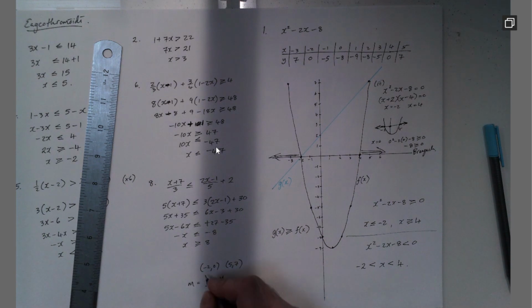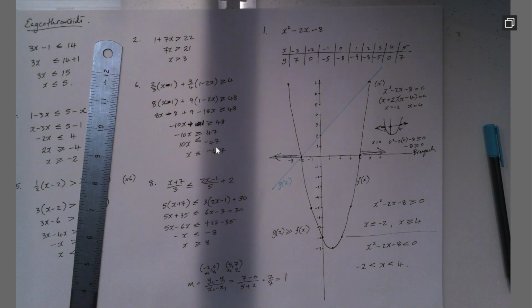Perfect. Okay. Now, the equation of a line is y minus y1 equals m times x minus x1. So y minus 0 equals m, the slope here, times x minus x1, so x plus 2. So the equation of the line is y equals x plus 2.